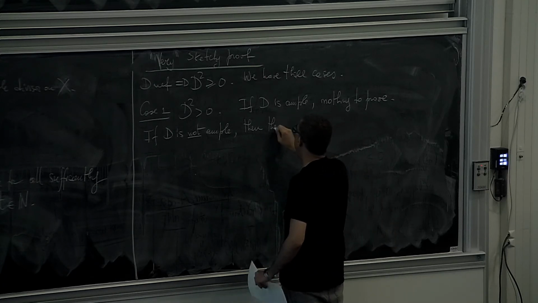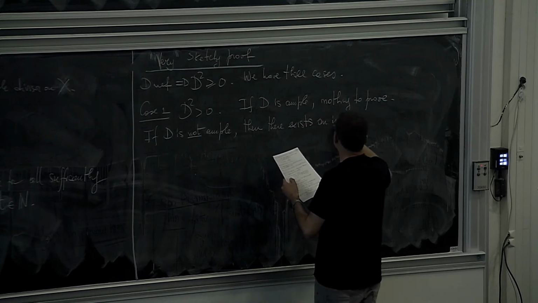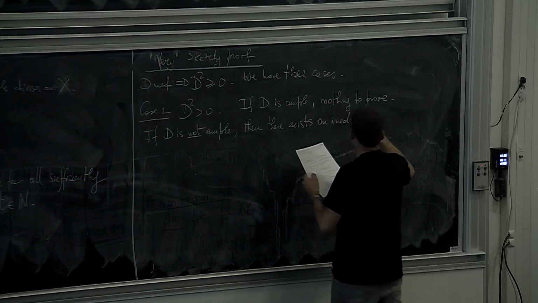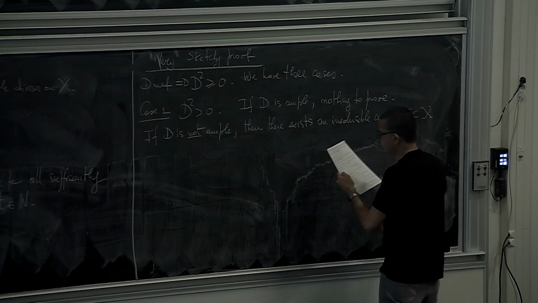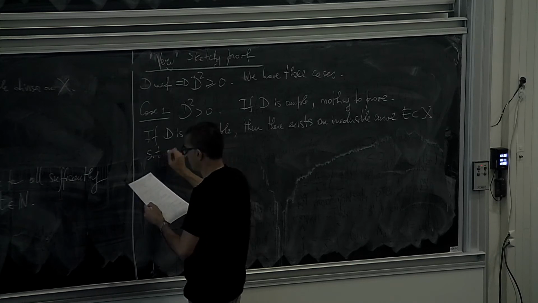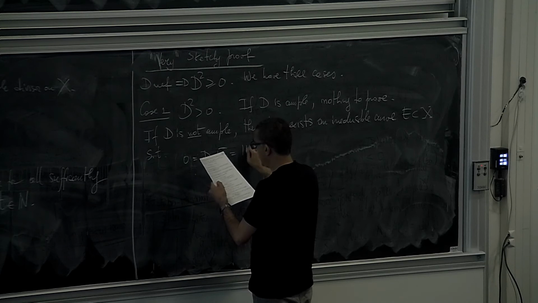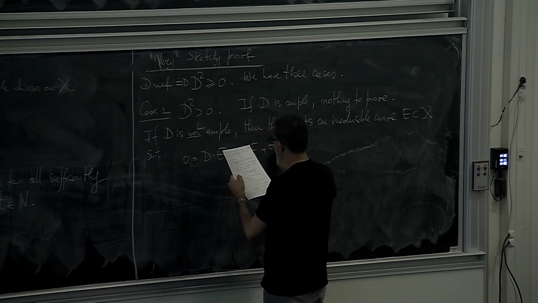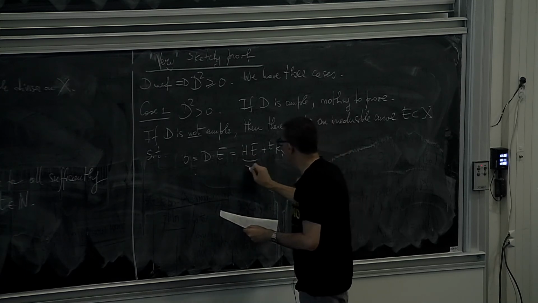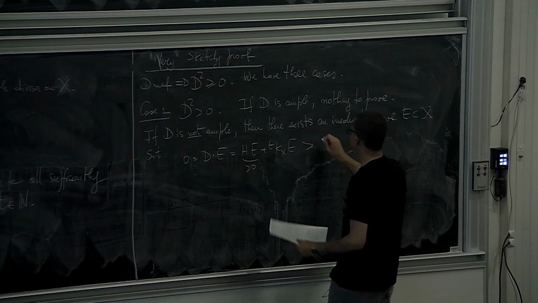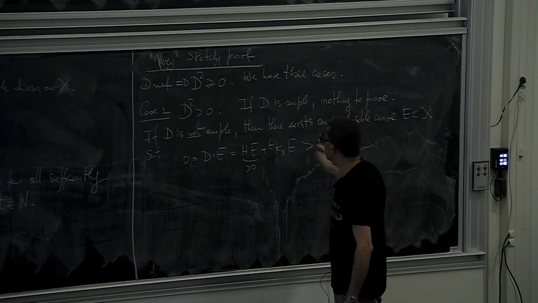Then there exists an irreducible curve E in X such that 0 is equal to D times E, and this is H·E plus t K_X·E, and this is positive because H is ample, and this is greater than t K_X·E. So K_X is negative.